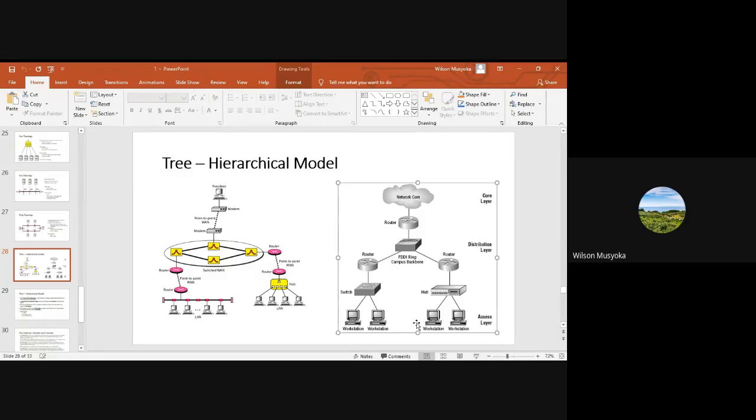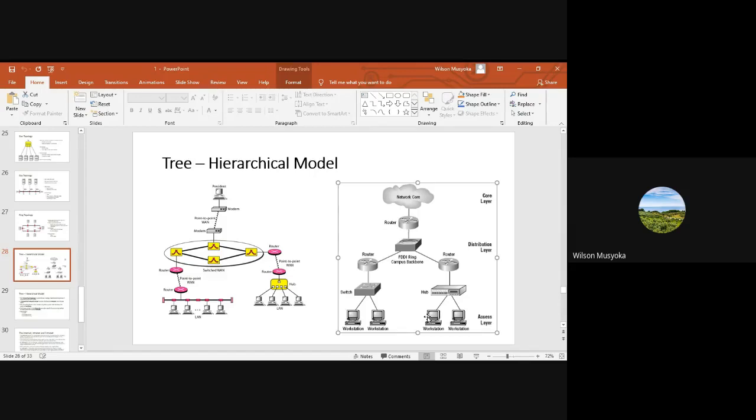Then we also have the tree or the hierarchical model. This is the one you find the network is now based on, whereby at the lower level we have the access layer. The access layer is what we can also call the user level or the private level, whereby users are requesting information and data from servers. At the higher level is where we find the distribution layer.